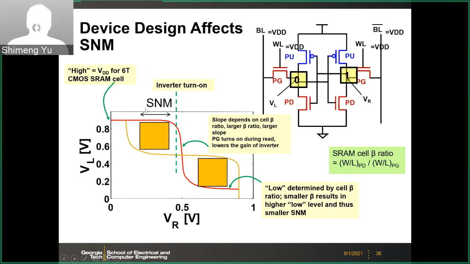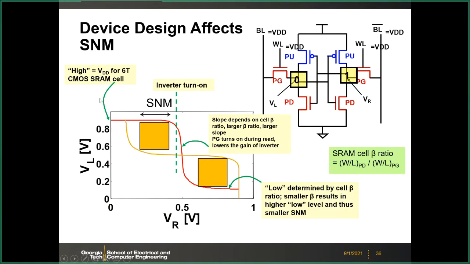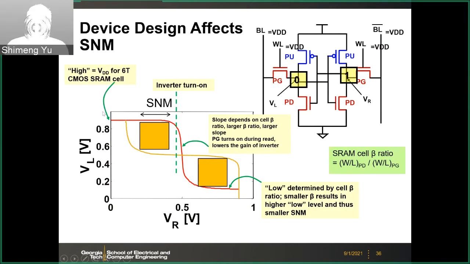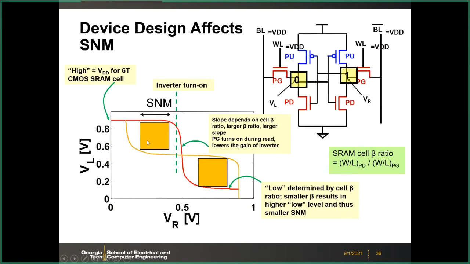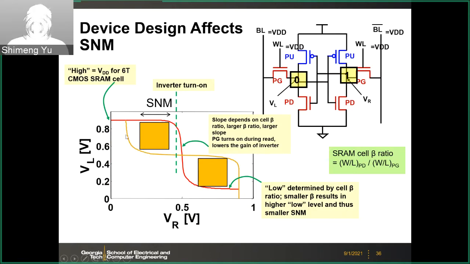So what affects the static noise margin? If you think about the parameters as a circuit designer, you will of course consider the power supply voltage VDD. If this VDD is smaller, then the static noise margin, or this square, will be smaller, because the maximum voltage is lower, so this square will be lower.